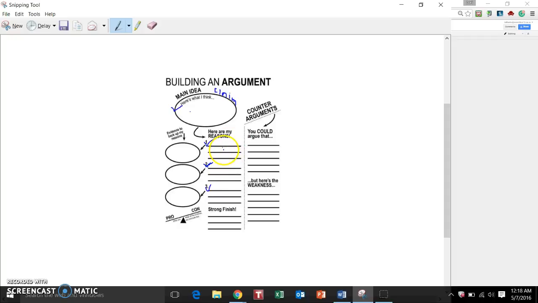The reason for making sure that you have these 3 reasons, I will be looking at to see if they are completely different reasons. They should not sound exactly the same or restate a phrase a different way. Once you have done that, I would like you to try to get some evidence for your reasons. This would be your power of your punch.